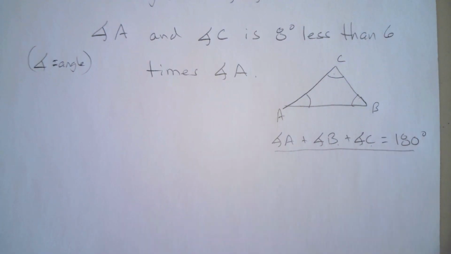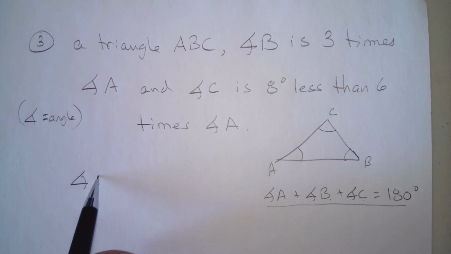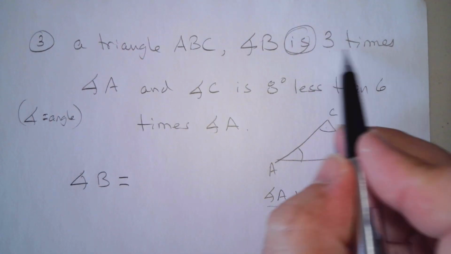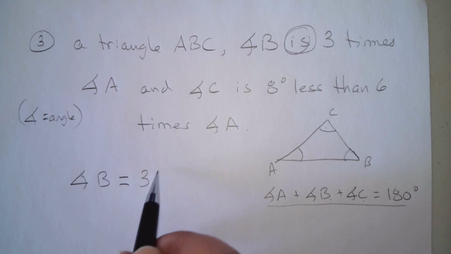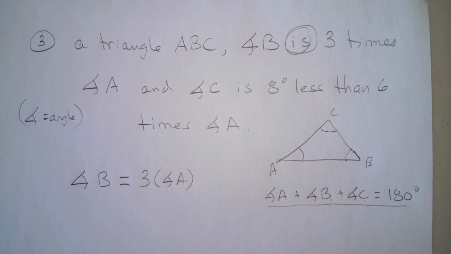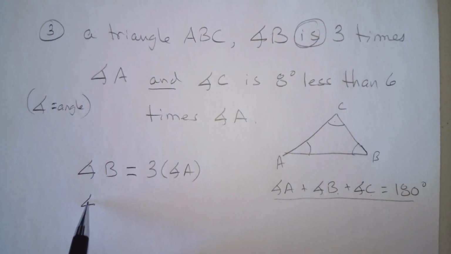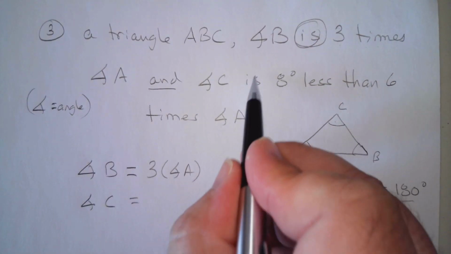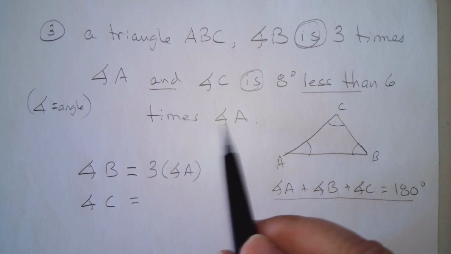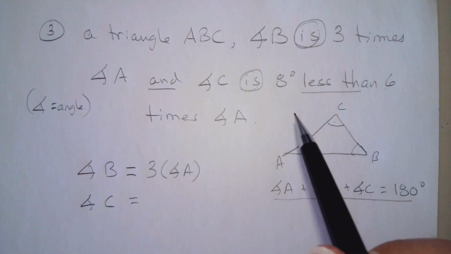The first part of the sentence says angle B is, that's an equal sign, 3 times angle A. So whatever the size of angle A is, 3 times that equals B. The next one, angle C is 8 degrees less than 6 times angle A. Now, whenever you deal with less than or subtraction, it's always in reverse.